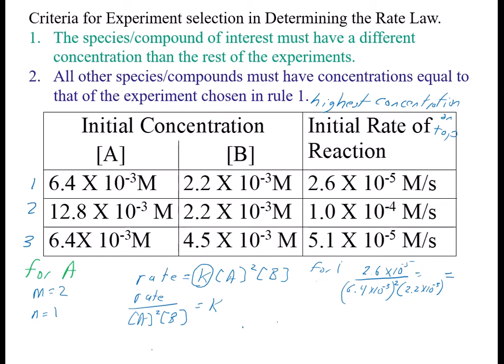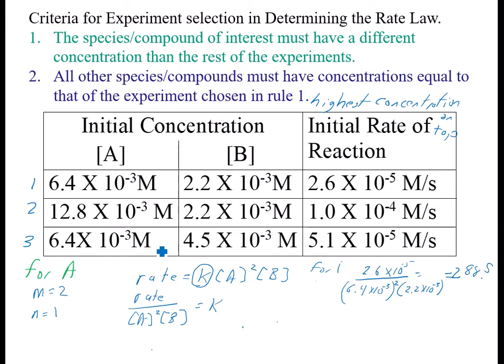When I do that, 2.6 e to the minus fifth divided by 6.4 e to the minus 3 squared divided by 2.2 e to the minus third, I get 288.5.